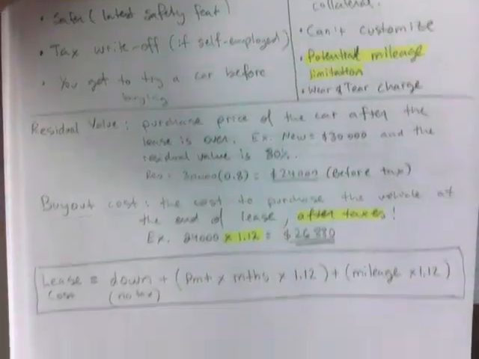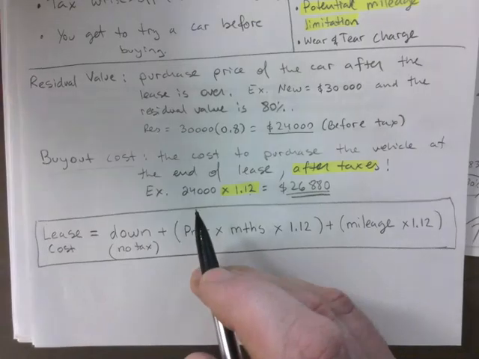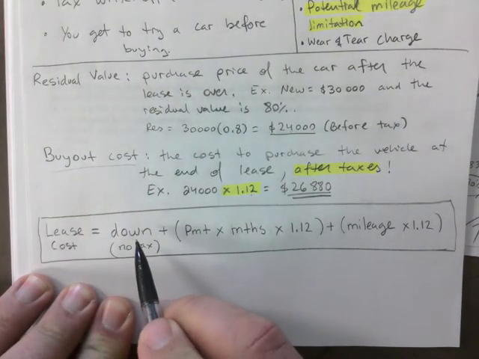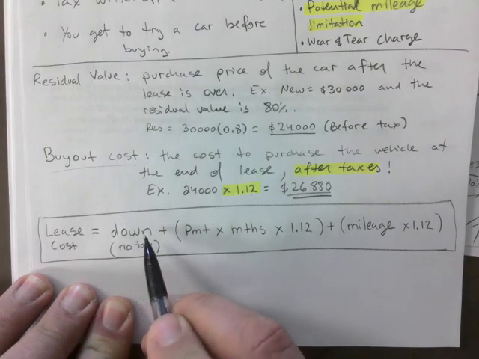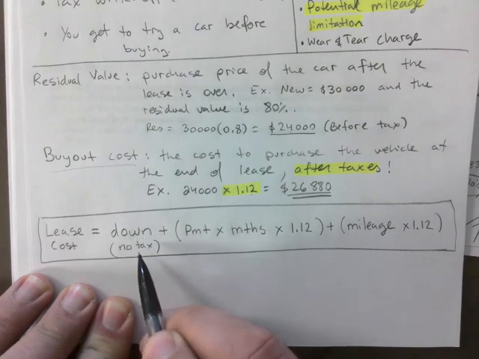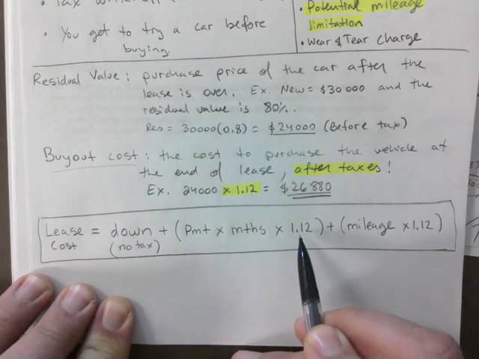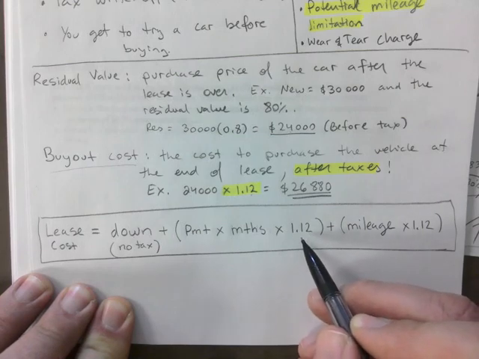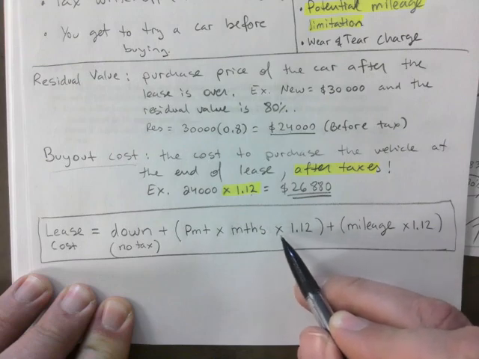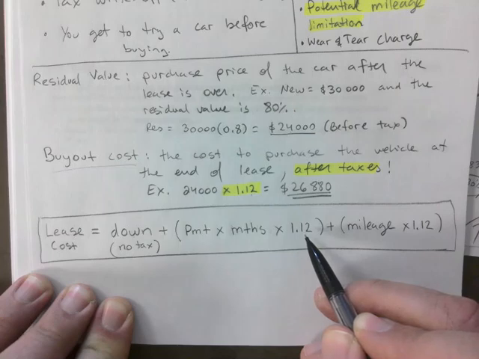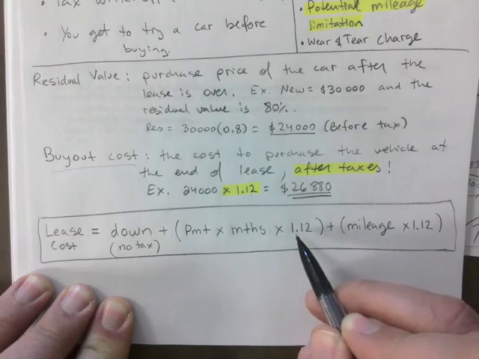Okay. Another thing that I noticed here, the formula. Let's go to the formula. I want you to make sure the lease cost, just the lease, essentially turns out to be the down payment, but no taxes. This is what a lot of you got stuck with in the formula. That's why I'm so careful with formulas. The majority of you multiplied your payment by 1.12.